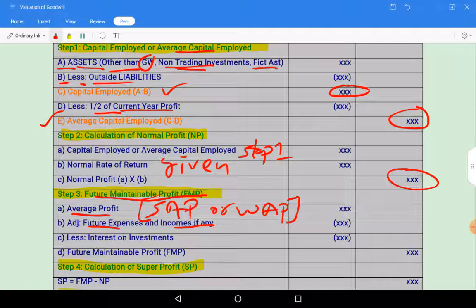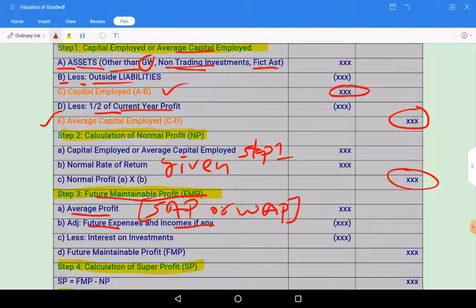Similarly, remuneration to partners, which is not deducted from the above profit. So those are the expenses or incomes which may arise in future based on the nature of the question and business facts. So for adjustment, you can either add or subtract these future expenses and incomes.